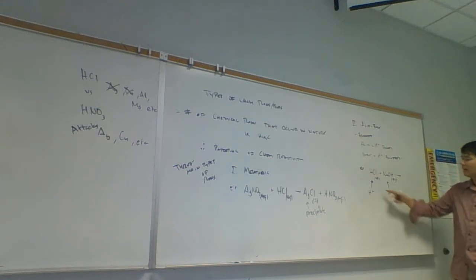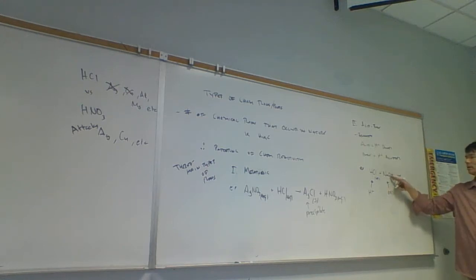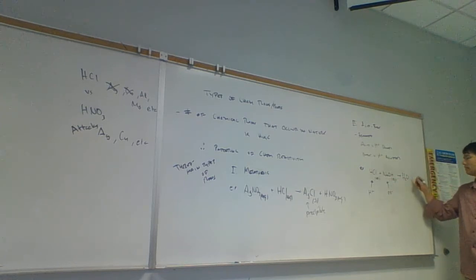The H+ likes OH-. This could be thought of as metathesis as well: the hydroxide goes with the H+ to form H2O, and then the sodium goes with the chloride. So in a way, this is both a Bronsted and a metathesis.